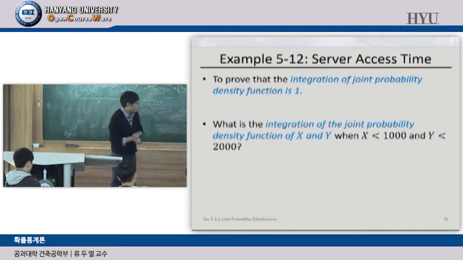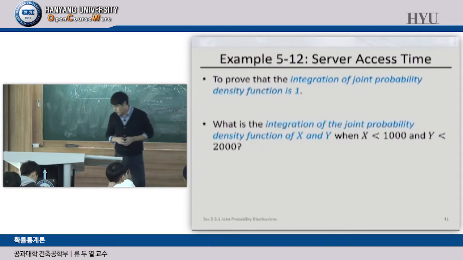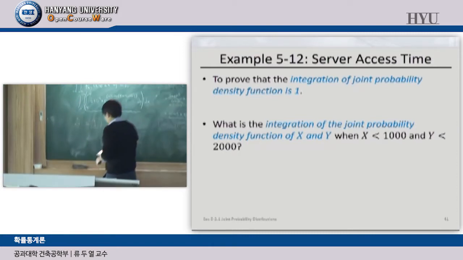And this is the second question. What is the integration of the joint probability density function of x and y when x is smaller than 1000 and y is smaller than 2000? That is the question.